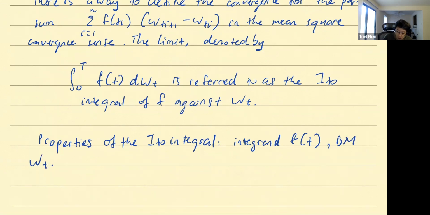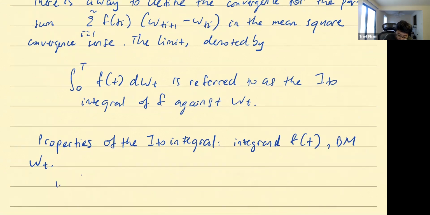First of all, the number one thing we want to say is the integral is a random variable. It's a random object. What that means is every time you look at it, it'll be a different value. And what do we mean by that?